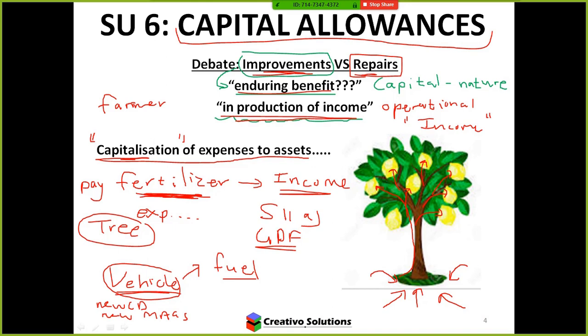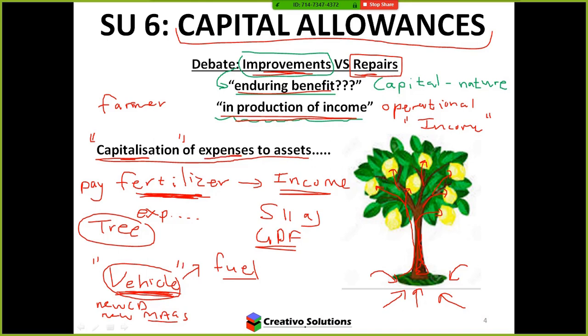But the point is, the vehicle is the asset. If you are actually improving the vehicle, meaning the CD player, the sound system, the mags, those items are attached to the actual, inverted commas, tree, to the vehicle, and that defines it as being capital.